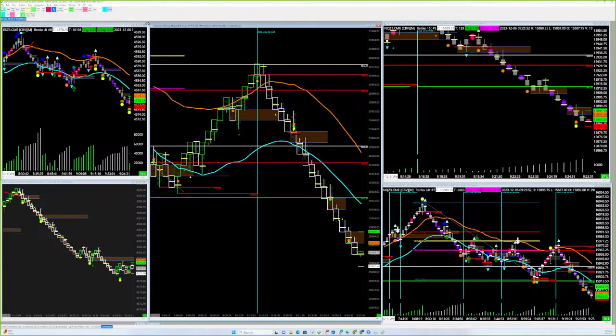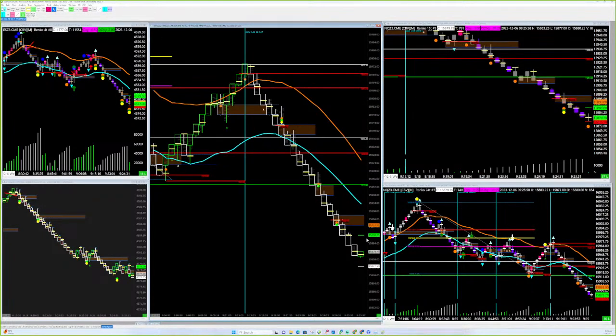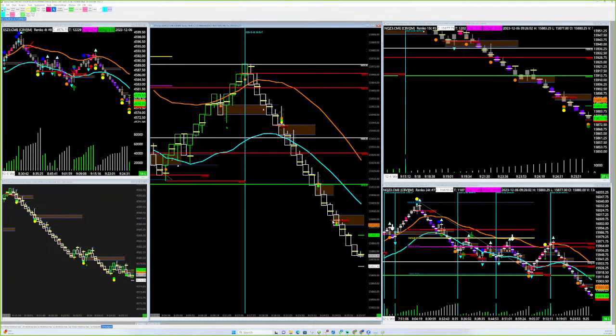Here's your new level. Trend day down. Wow. Need above that 95 now.